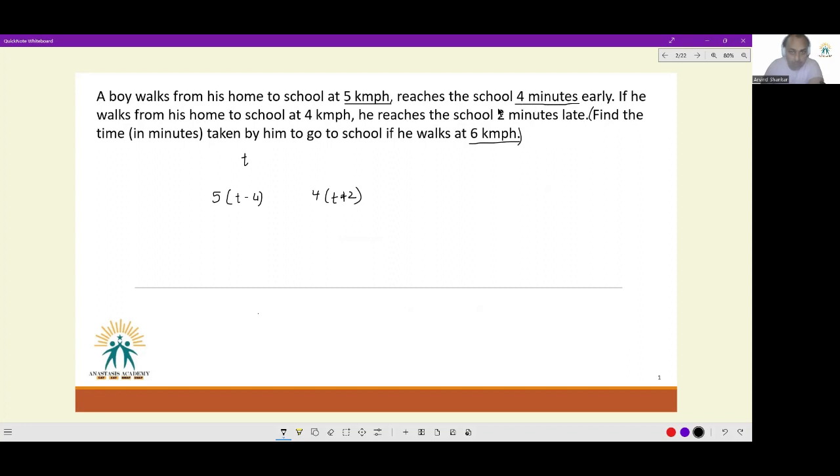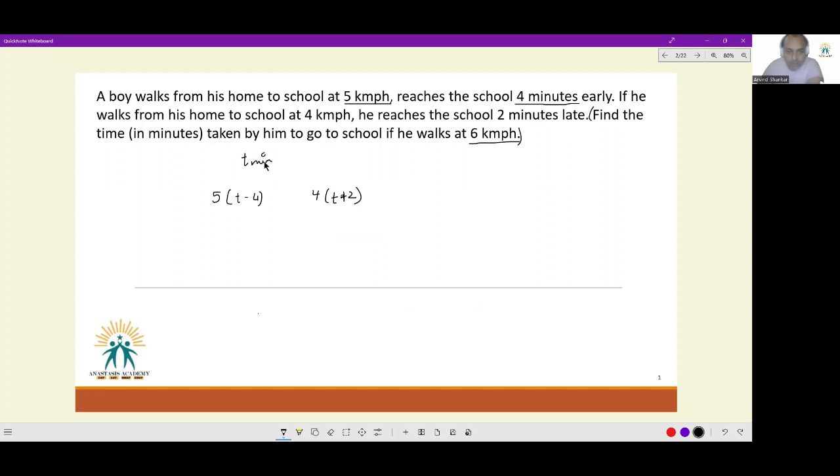Therefore, ideally what we should be doing is either understand that the time that we are talking of is in minutes, and then perhaps something of this nature can be done, or write down the time 4 minutes early as 4 by 60 and 2 by 60. One of those two understandings has to be clear in your head for you to be able to solve this correctly. I will solve it in both ways.